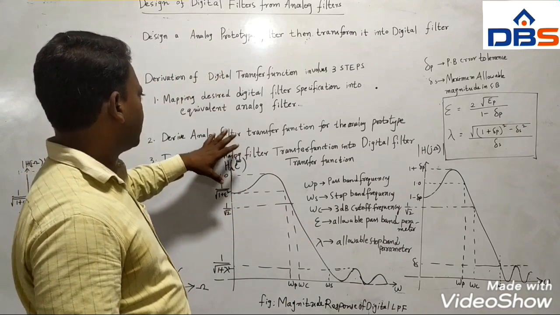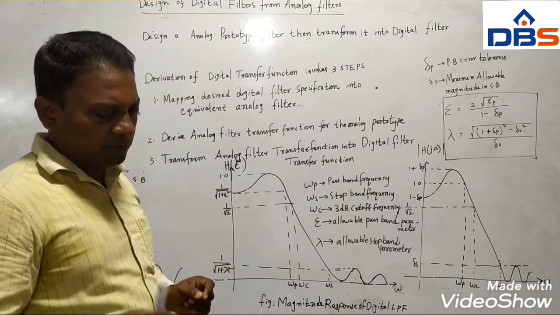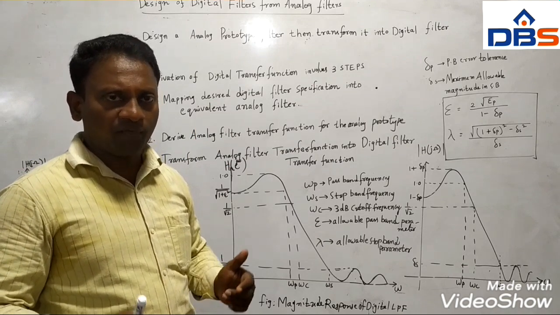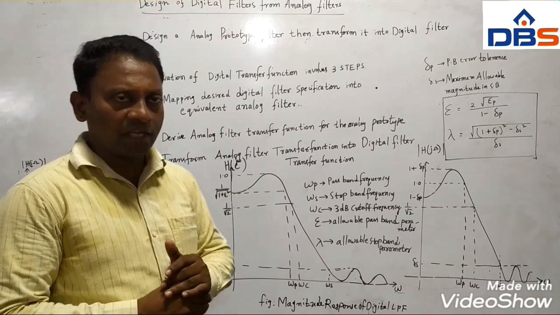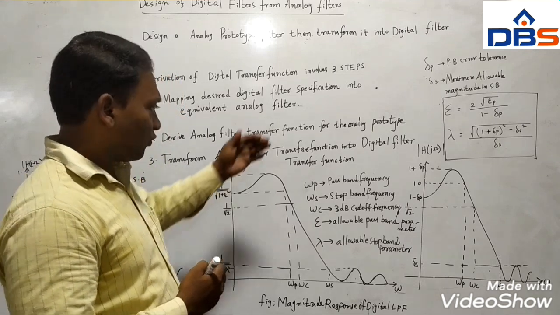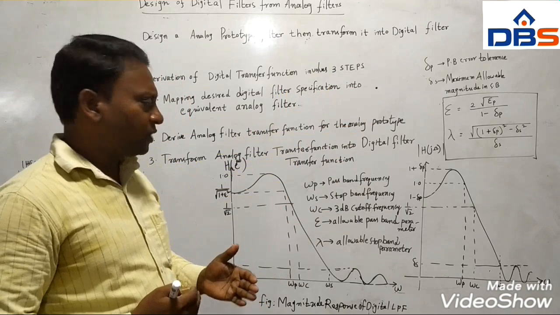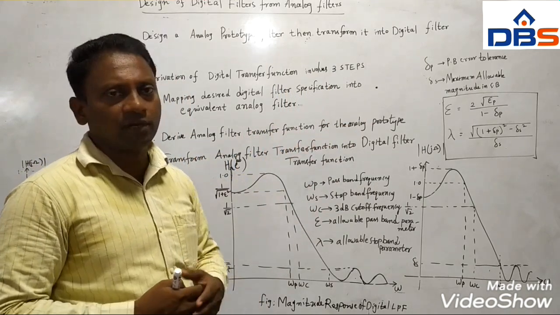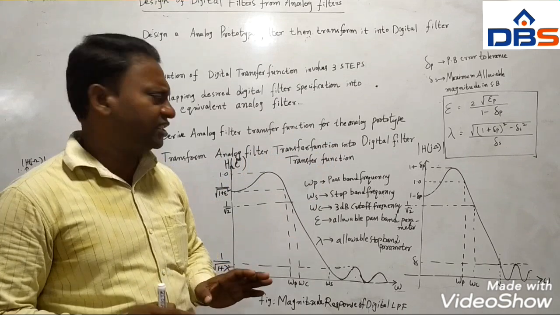So these are the steps: first map the digital filter specifications into the analog prototype, second derive the analog filter transfer function for the analog prototype only, and after that transform the analog filter transfer function into the digital filter transfer function. That is the final step.